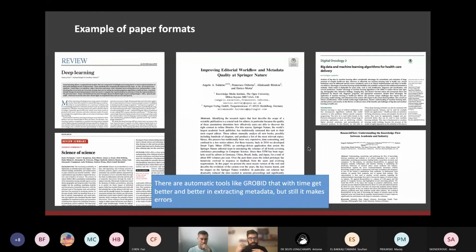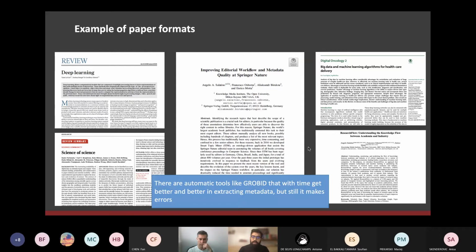This is another thing that I want to mention: one problem is extracting information from papers, because as you can see here, there are 5 examples of published papers. Imagine I wanted to extract information from these papers, and you can see there are several formats, like several templates.